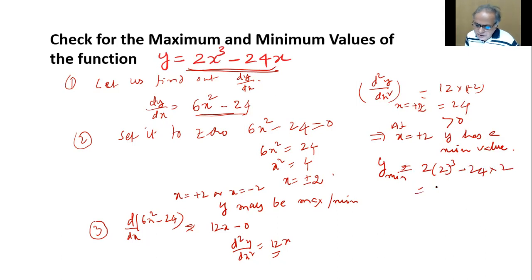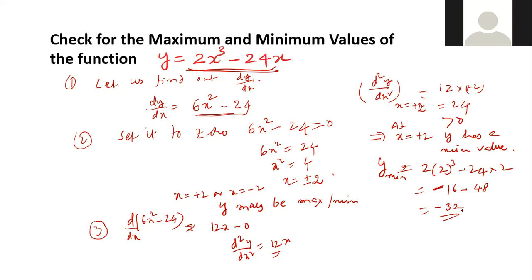How much is this? 16 minus 48, which is minus 32. So at x equals plus 2, y has a minimum, and that minimum value is minus 32. All right. So this is the fourth step.